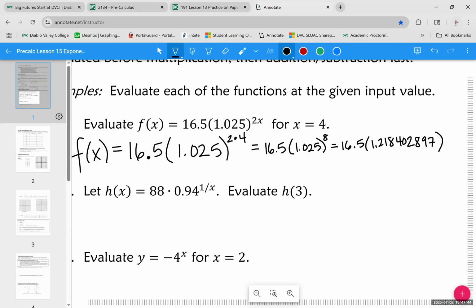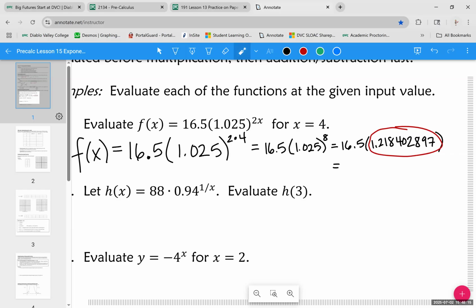Here's the problem. Let's say I was supposed to round to the nearest 10th, and I just take this as 1.2 and then multiply it by 16.5. I've rounded too soon, and it will cause a rounding error. So the best thing you want to do is not even write this number down and do a new calculation.